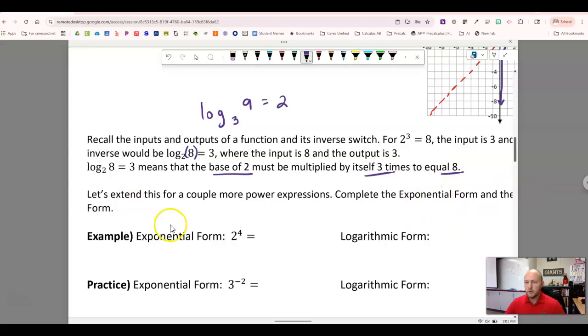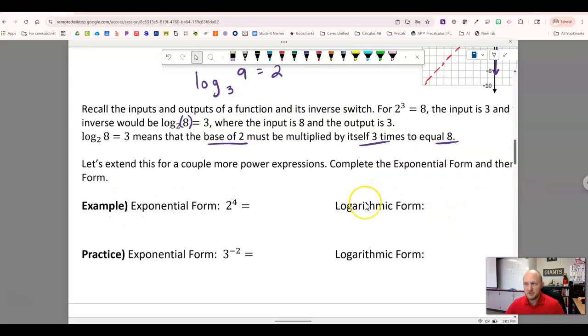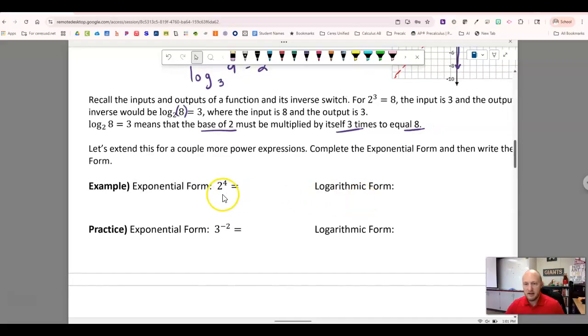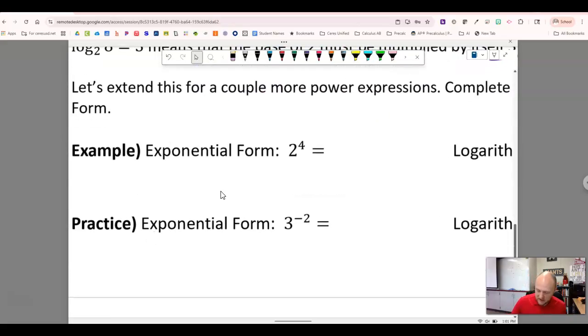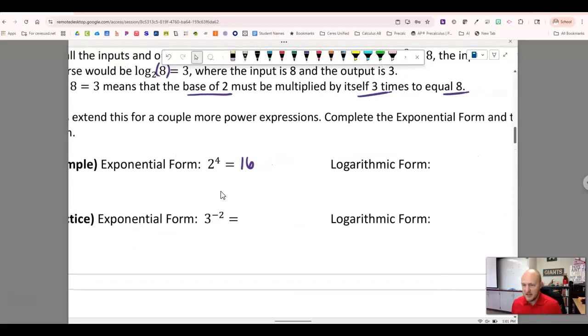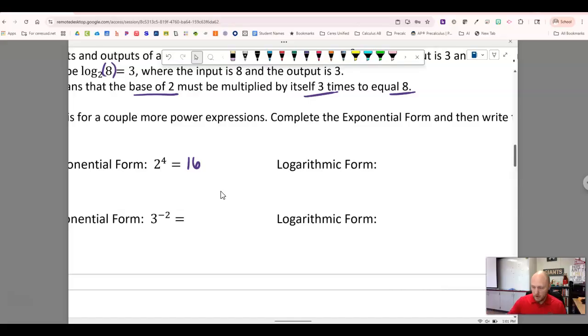So really quick, let's solidify this idea of switching inputs and outputs. Here I have an exponential form, and they want us to complete the exponential form and then write the logarithmic form. So 2 to the 4th, that is 16. And I'm going to write this as a logarithm. A logarithm is simply written as log. The base is a subscript, a small number below the g.